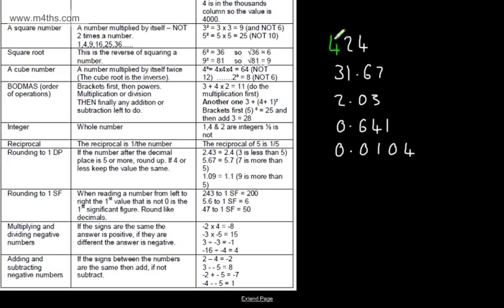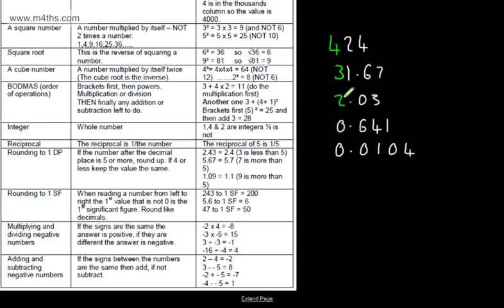So if we look, that is now the first significant figure in the number 424. So if we were rounding this now to one significant figure, we're rounding it to the nearest 100. This is the first significant figure in this number. This is tens, so if I was rounding to one significant figure, I'd round to the nearest 10.